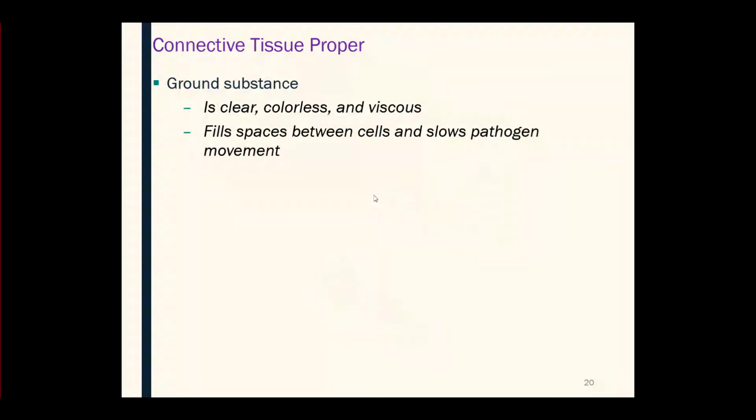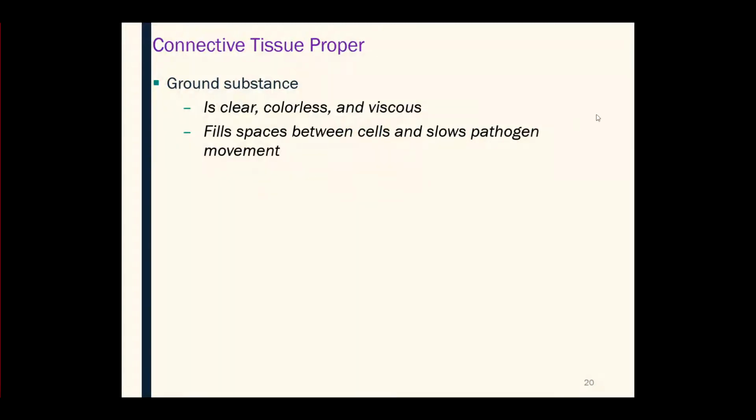So in connective tissue proper, the ground substance is clear, colorless, and viscous. Viscous means thick, like syrupy, like a real thick syrup. This ground substance fills the spaces between the cells, and from a medical point of view, would slow down the movement of pathogens.